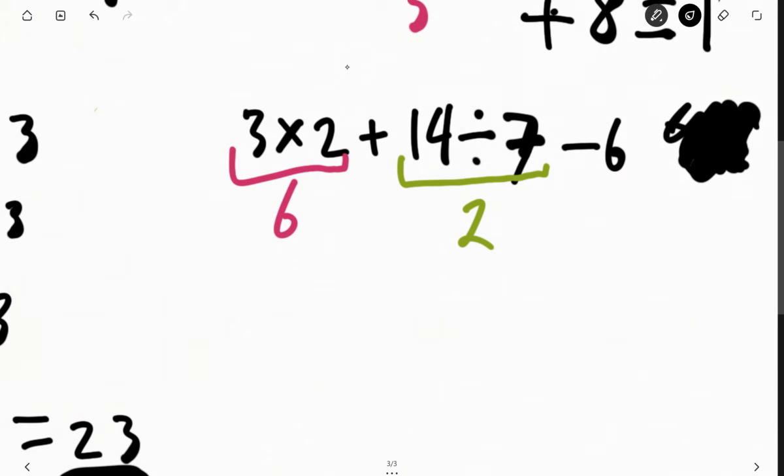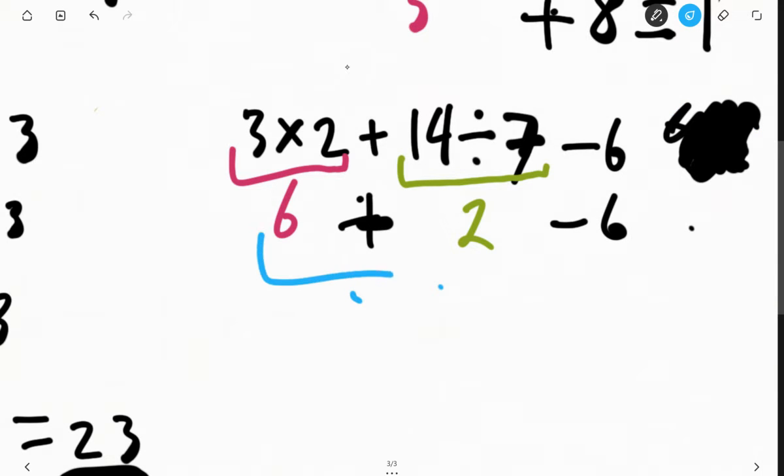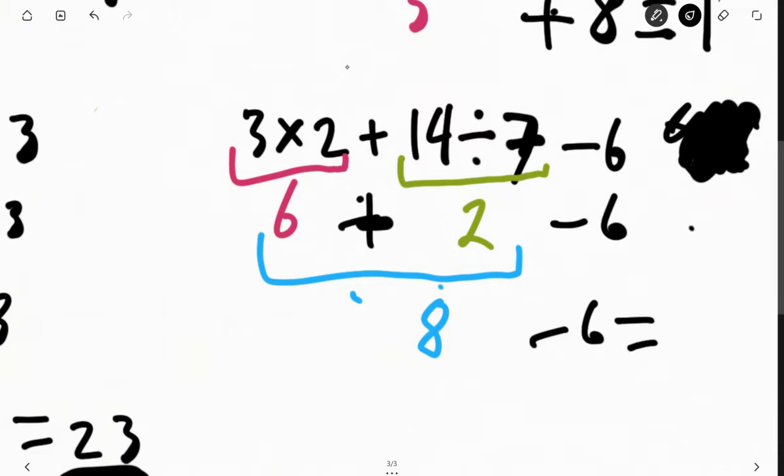Let's get the black ink again. So it's going to be 6, and then the plus sign comes down, plus 2 minus 6. So 6 plus 2 is 8. And then minus 6 equals 2.